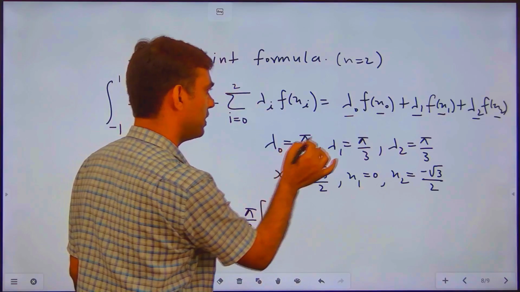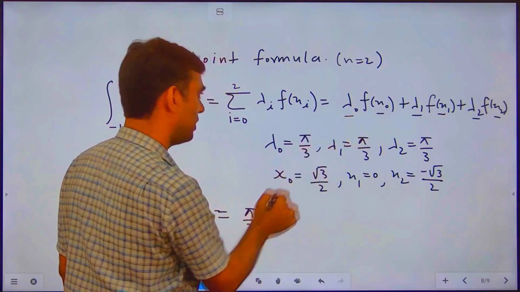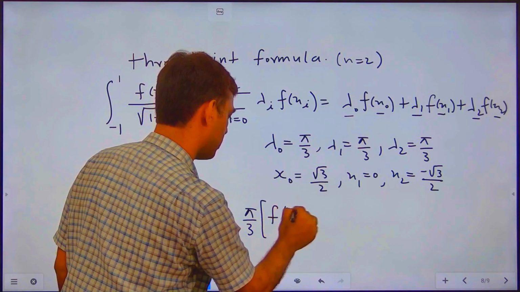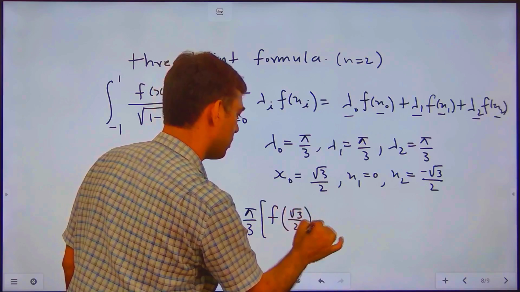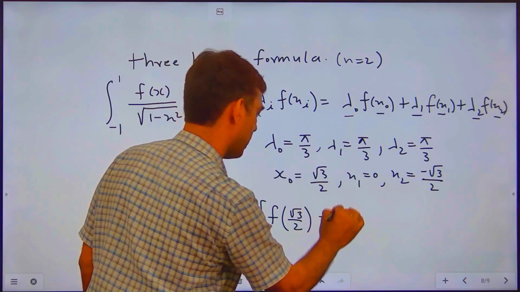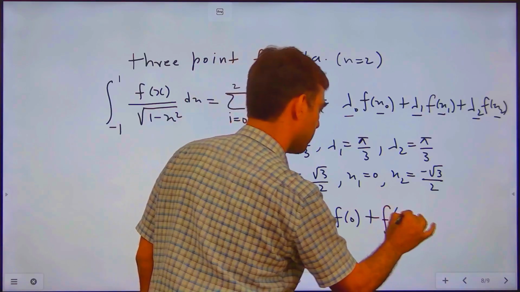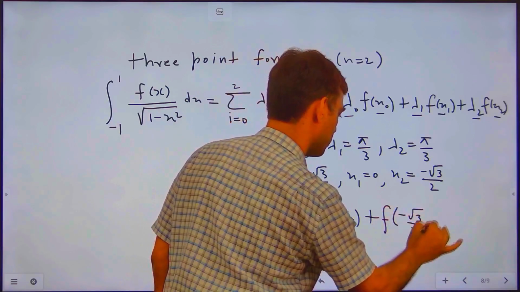So we may take pi by 3 outside the expression, then f of under root 3 by 2 plus f of 0 plus f of minus under root 3 by 2.